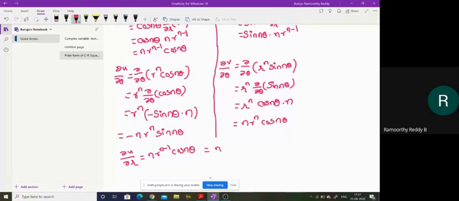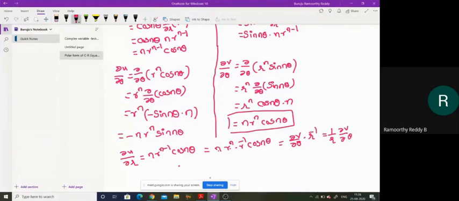Which can be written as n r^n into r^(-1) cos nθ. Now, ∂u/∂r equals n r^n r^(-1) cos nθ. Let us check against ∂v/∂θ. ∂v/∂θ is n r^n cos nθ, and the remaining factor is r^(-1). So it is equal to 1/r ∂v/∂θ. Now ∂u/∂r is equal to 1/r ∂v/∂θ, right?